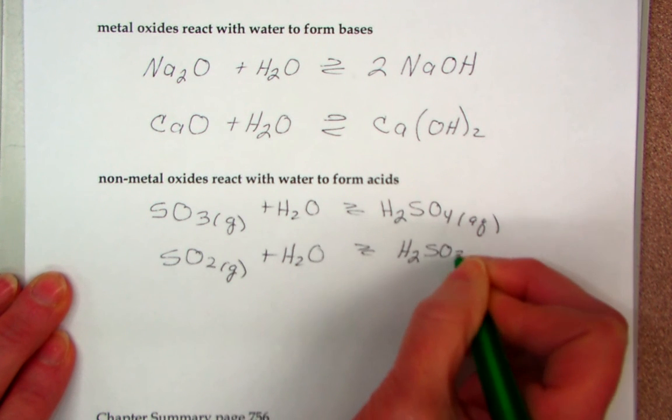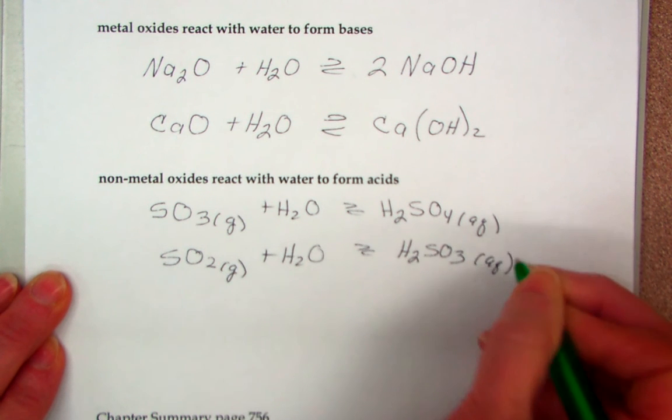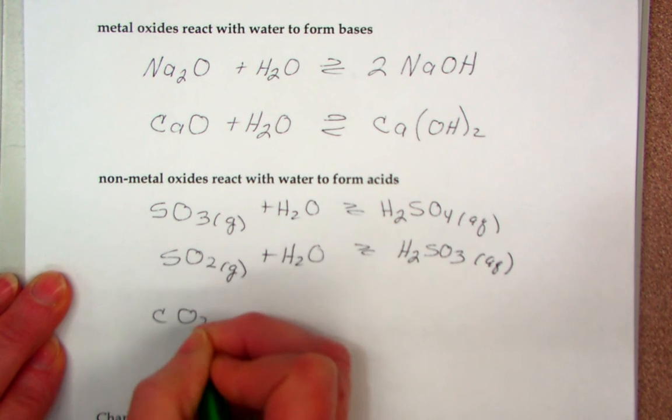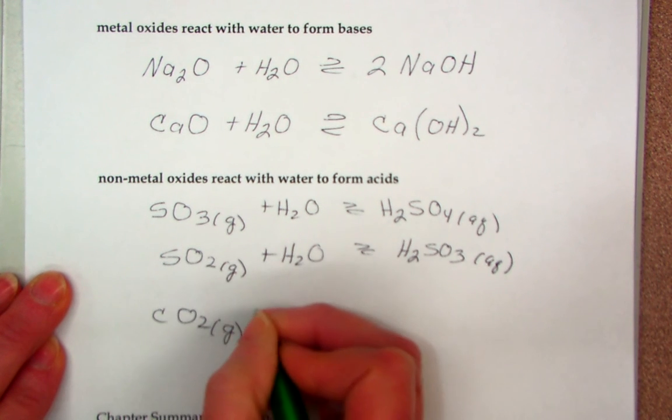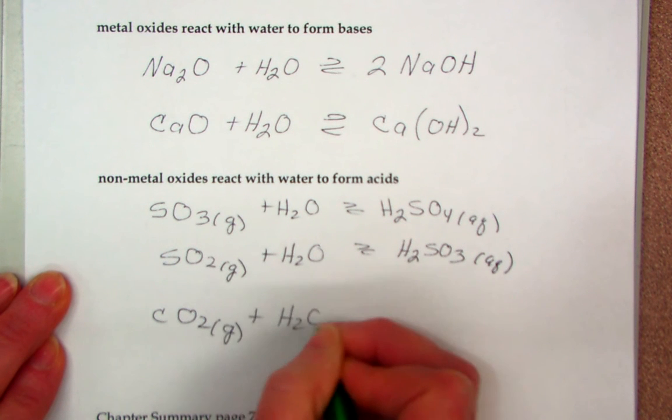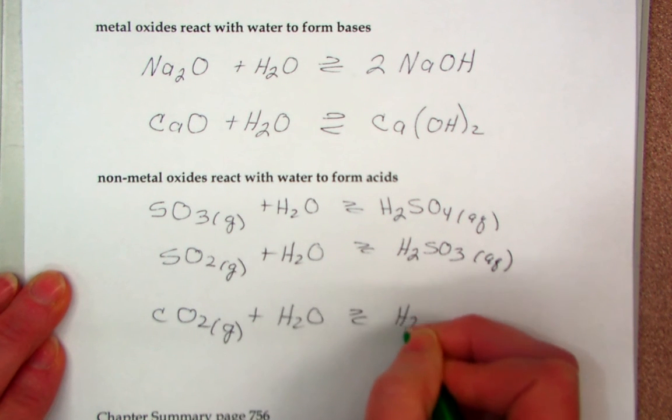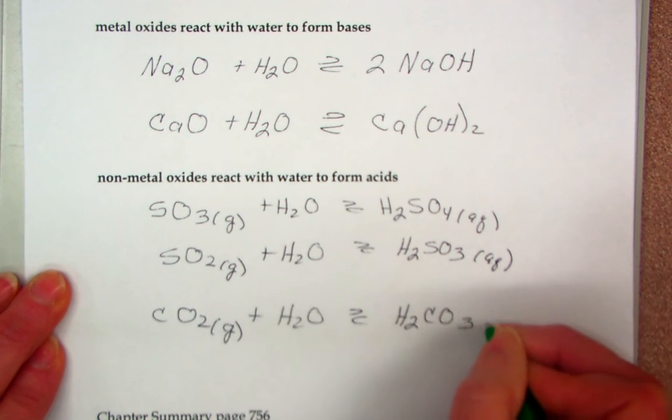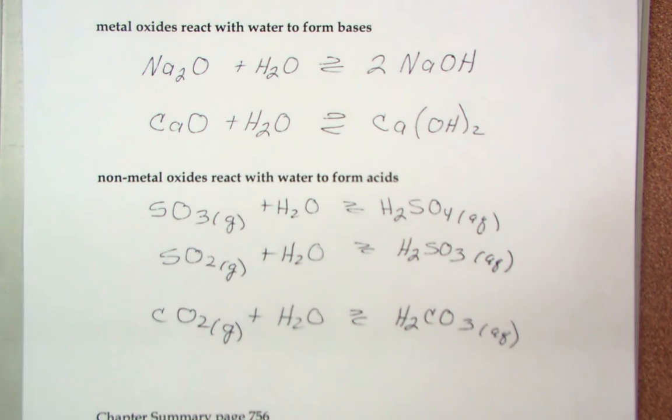This is acid rain. Another example, carbon dioxide, like what's in my Diet Coke here, reacts with water and makes carbonic acid. What I use to get my morning started every day. Okay, so that kind of wraps up the reintroduction to acid-base chemistry.